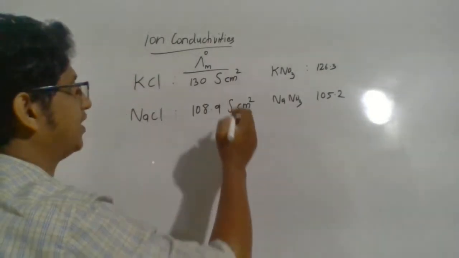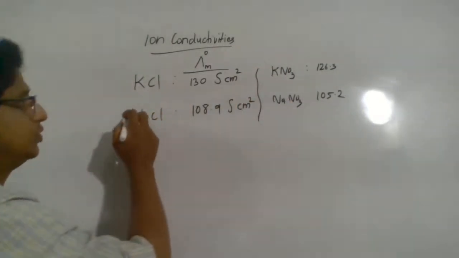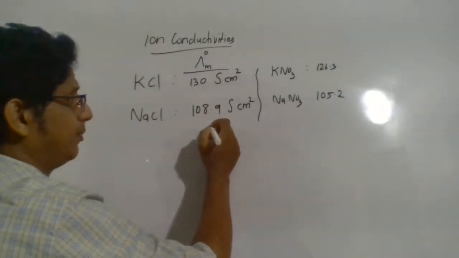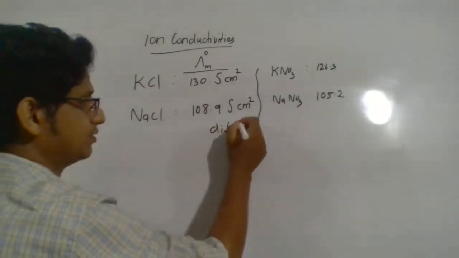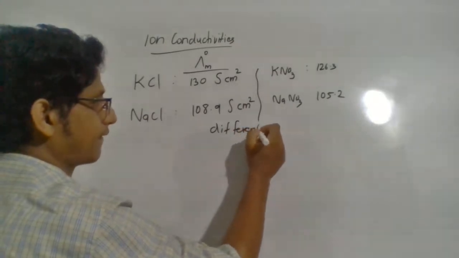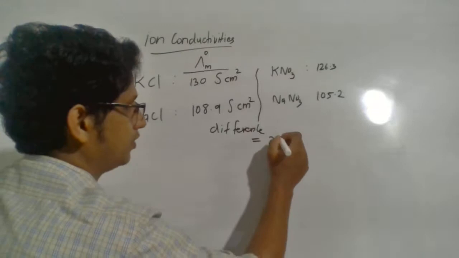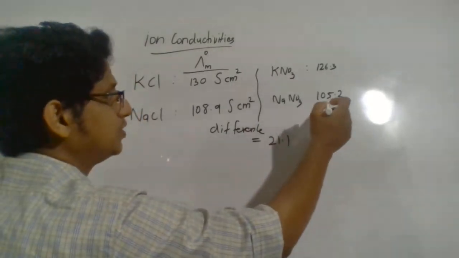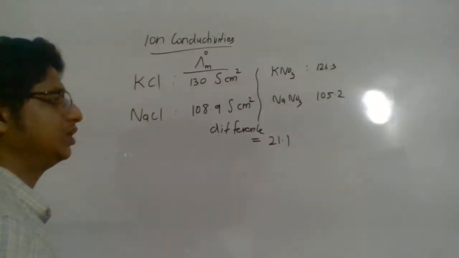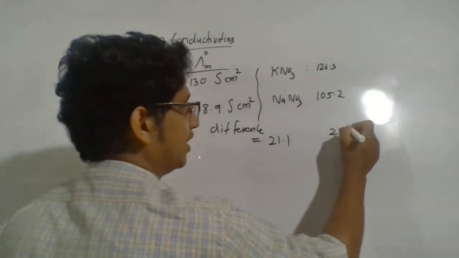If you take the difference between the two, you actually get a molar conductivity that is 21.1. Here also you take the difference between these two, it is again 21.1.